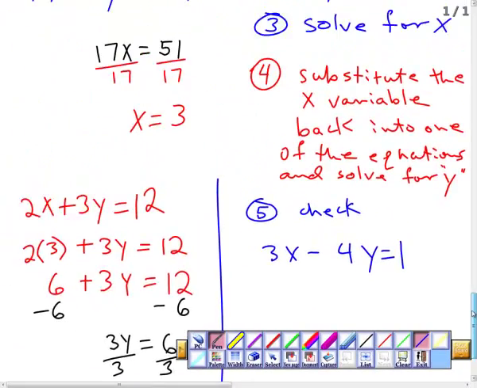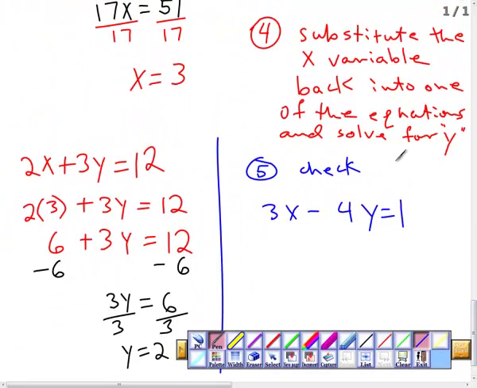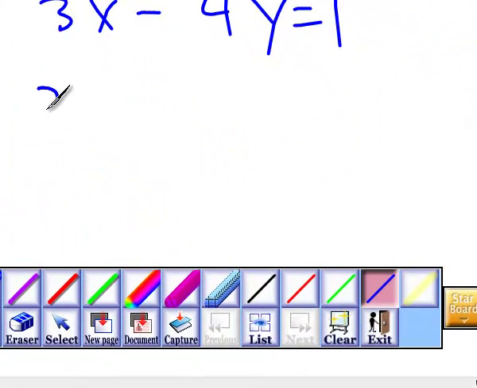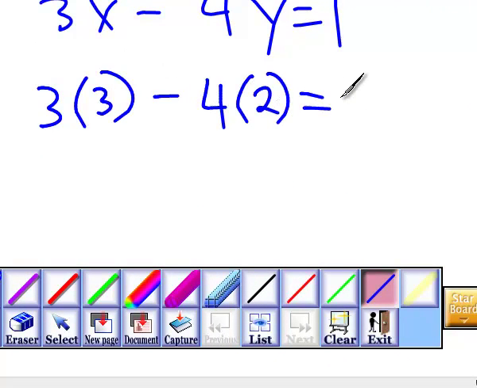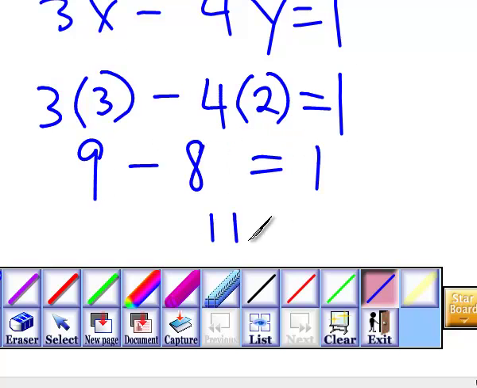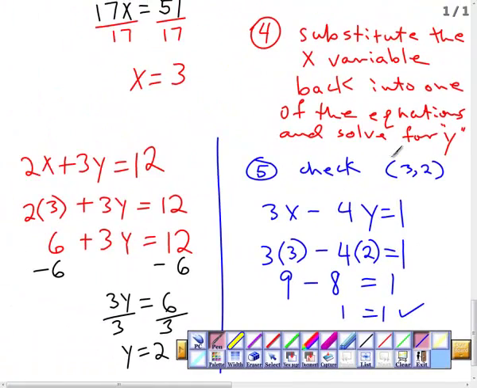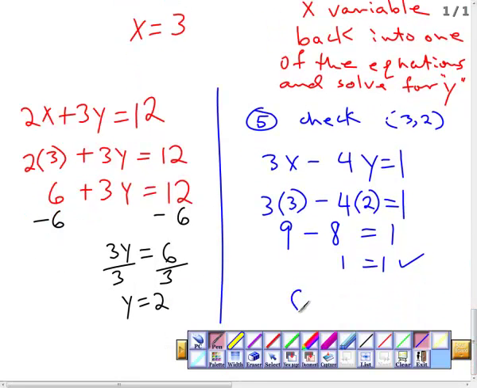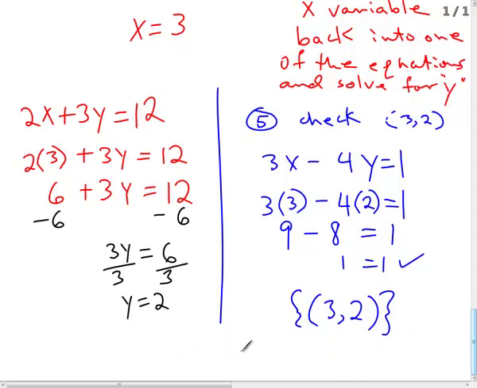So our solution here is 3, 2. So we're going to check that. So that'll be 3 times 3 is 9 minus 4 times 2. Okay, so we get 9 minus 8. Sure enough, that checks. So that'd be 1 equals 1, and it checks. So our answer is 3, 2. Okay, questions with that?